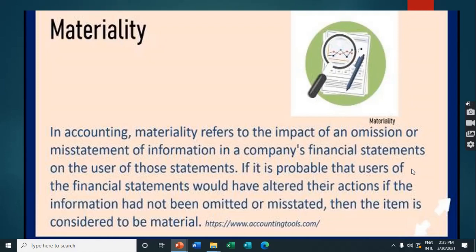So, but kung yung cash ng business is only 500 or 5,000 tapos may nawawalang 1K, then that is already a material. Ayan. There is no certain percentage to know that an item is material or not. So, nasa decision ng isang accountant.